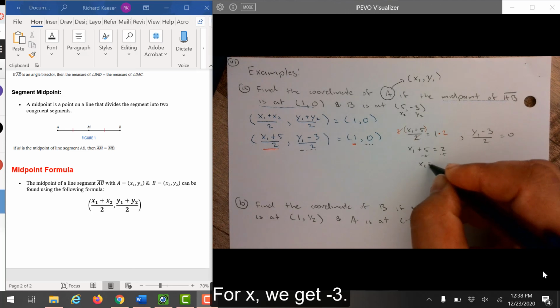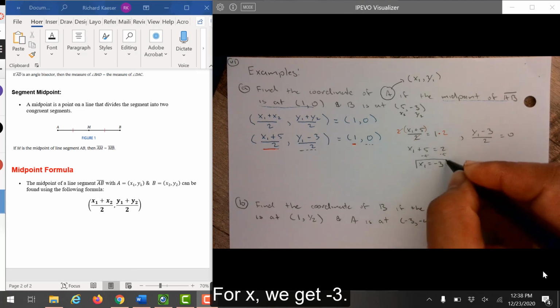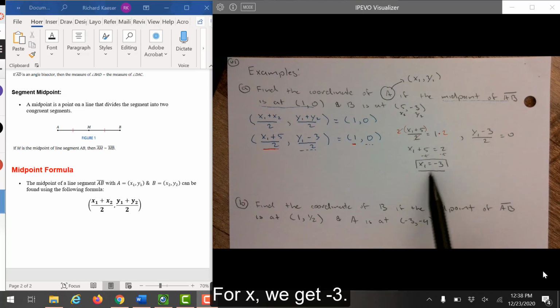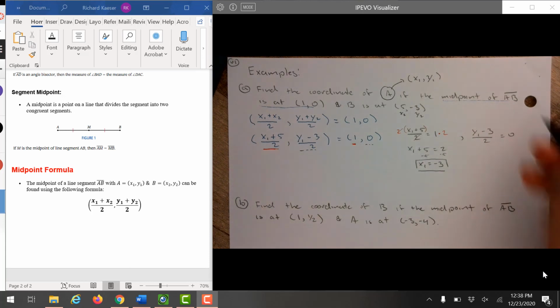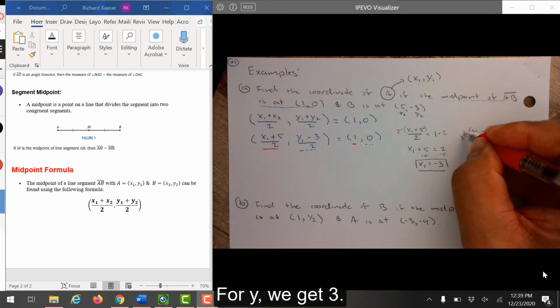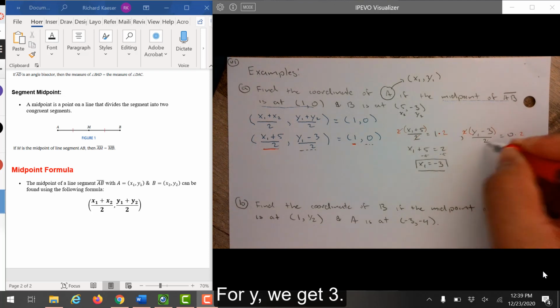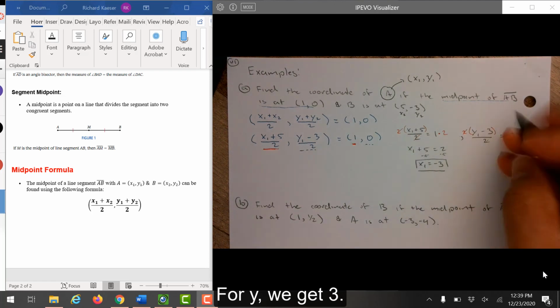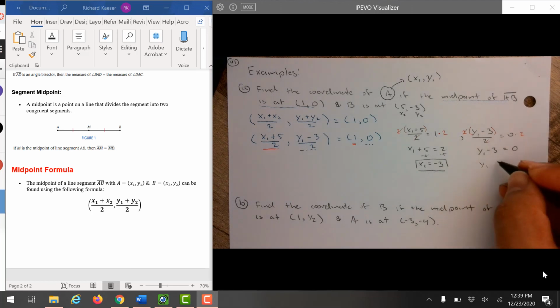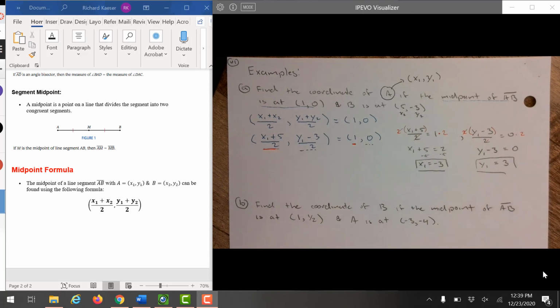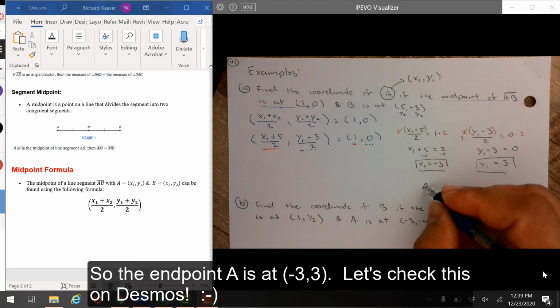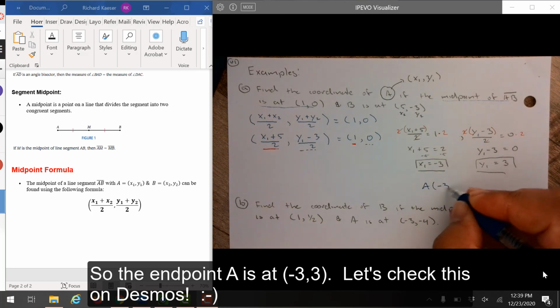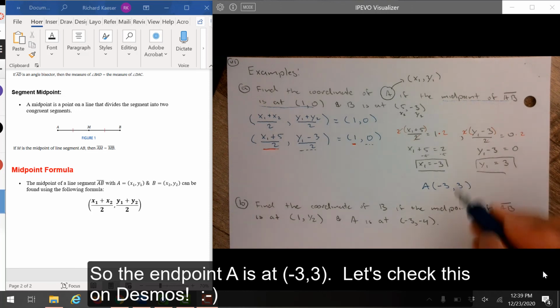For X, we get -3. For Y, we get 3. So the endpoint A is at -3, 3. Let's check this on Desmos.